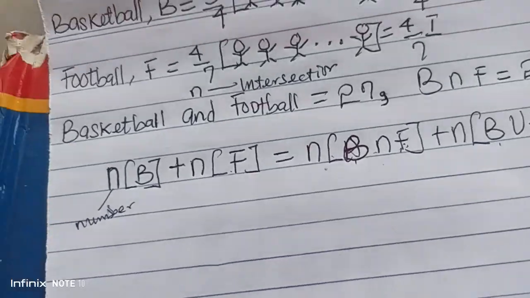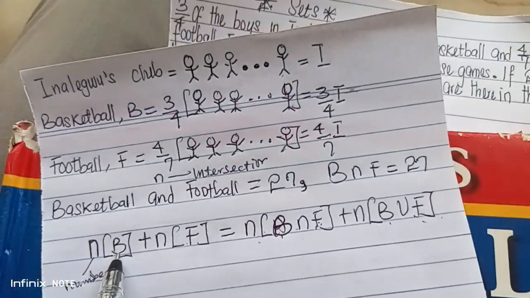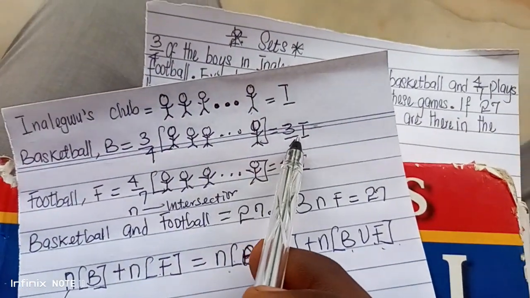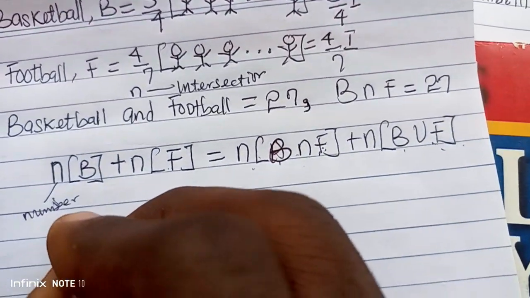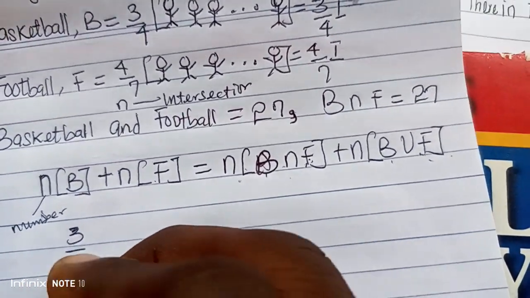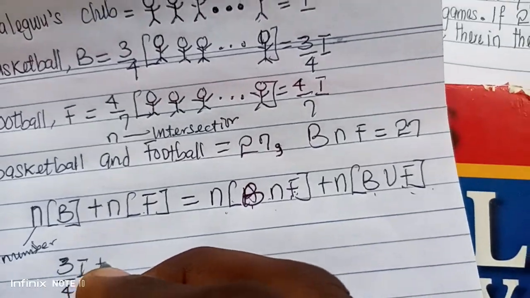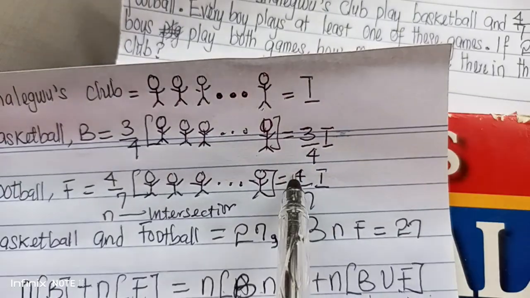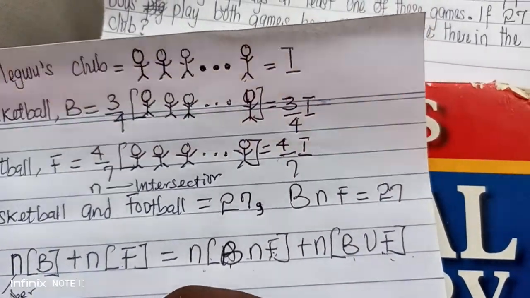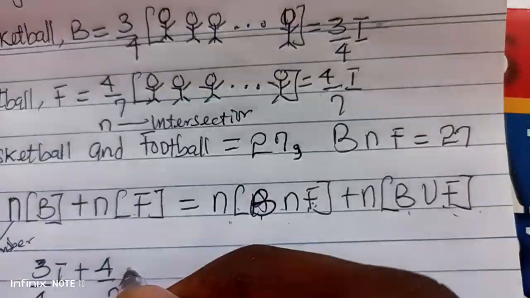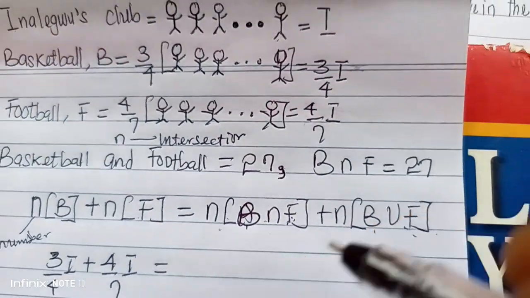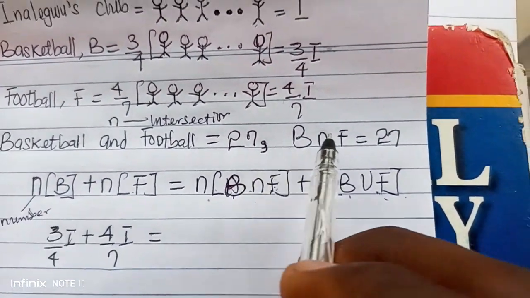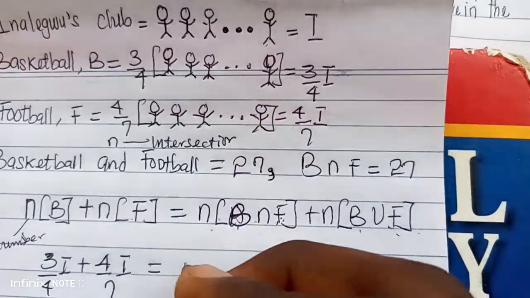This formula can work. Those people that play basketball, they are 3 over 4 I. For those that play football, I can say 4 over 7 I. Those people that play the two, 27.